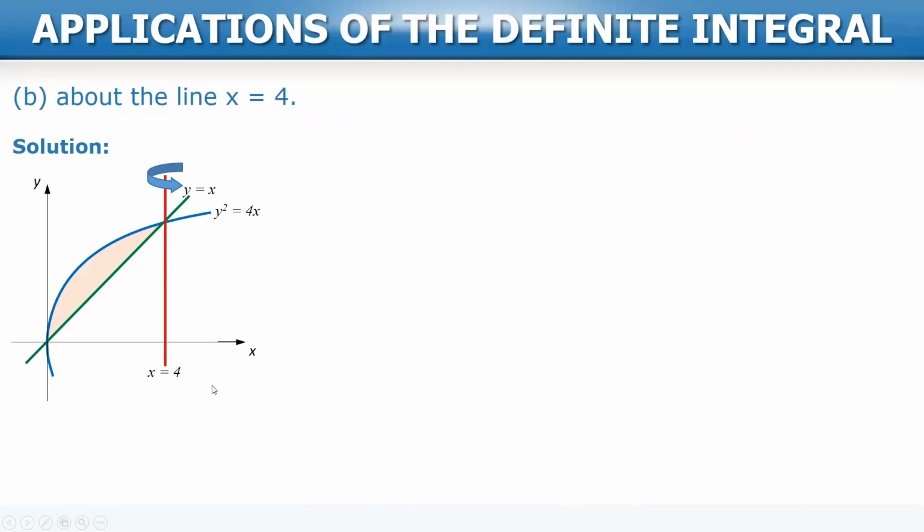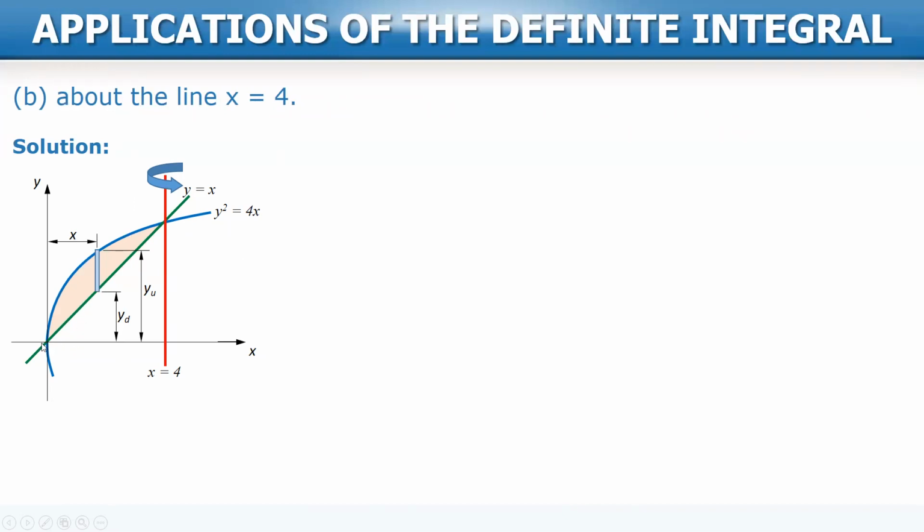About the line x equal to 4. Same figures, other method. Since our axis of revolution is vertical, then our strip must be vertical also. Notation: we have y up, y down, distance x. Take note, our distance x or y should be referred to the coordinate axis.